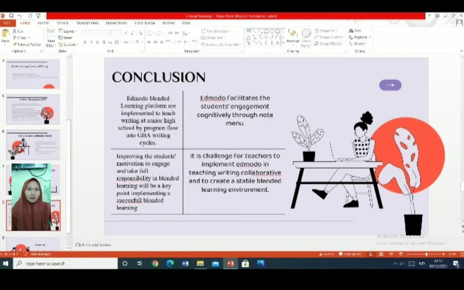Conclusion, there are 4 points. The first, the Edmodo blended learning platform is implemented to teach writing at senior high school by a program following the GBI writing IELTS. The second, Edmodo facilitates student engagement cognitively through the note menu.